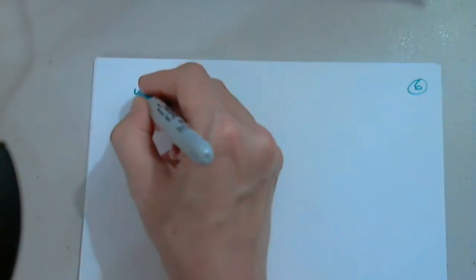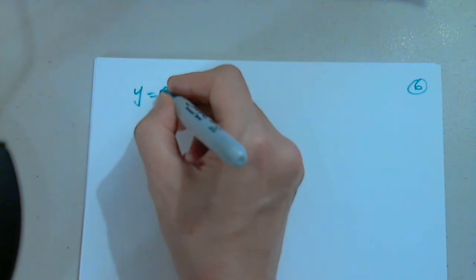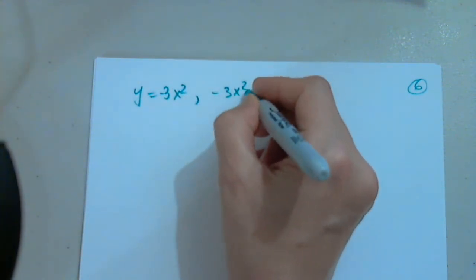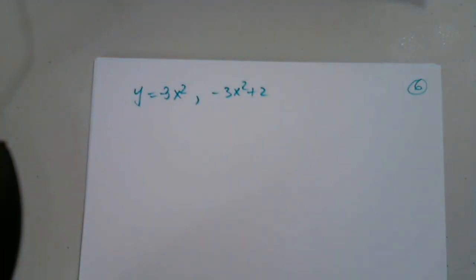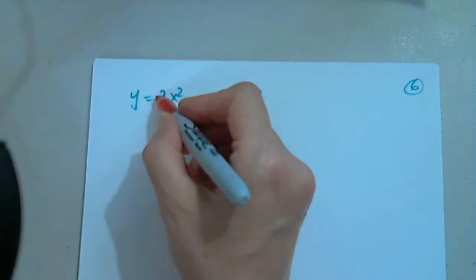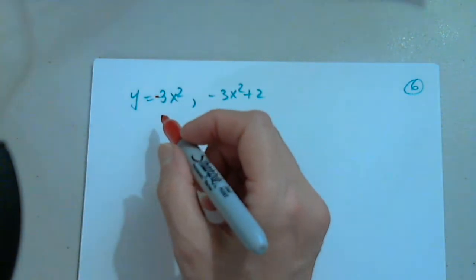Okay, I see it. So y equals negative 3x squared, and they want negative 3x squared plus 2. So when we graph these particular functions, we should start, because these are simple basic functions, right?